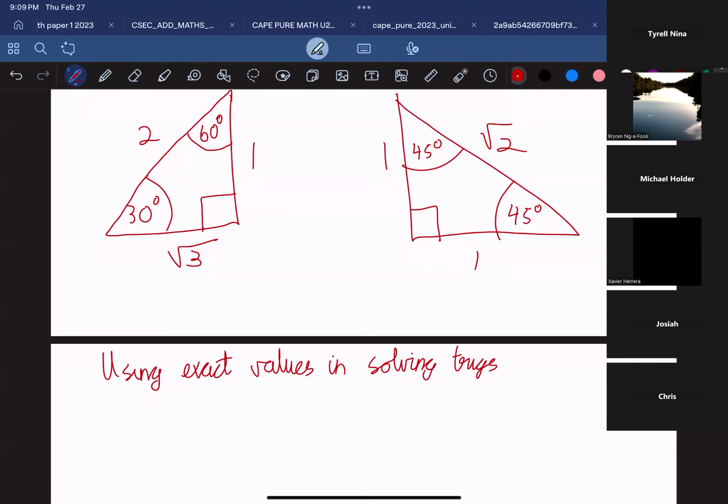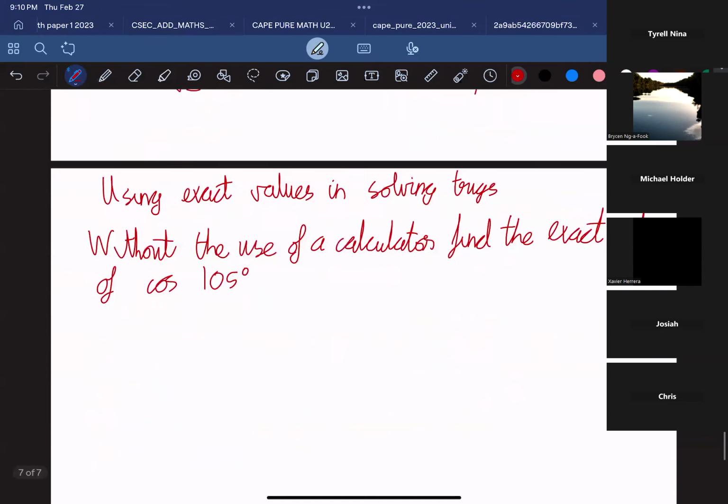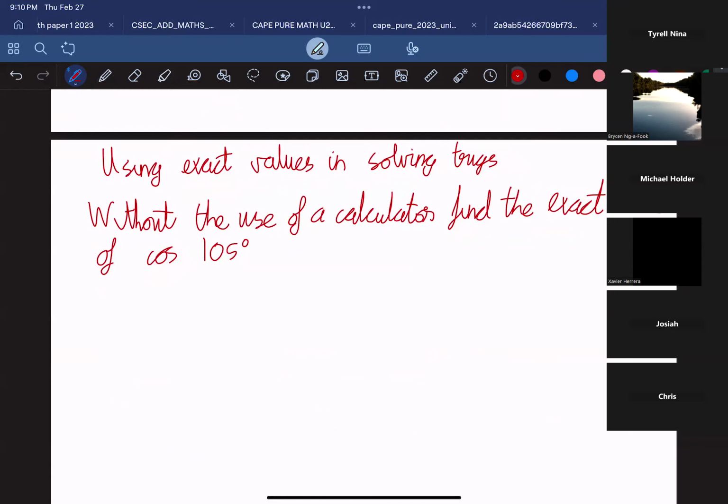So they would say, without the use of a calculator, find the exact value of cos 105 degrees. Now, you would just put it straight in the calculator and get it, but that's not what they want.